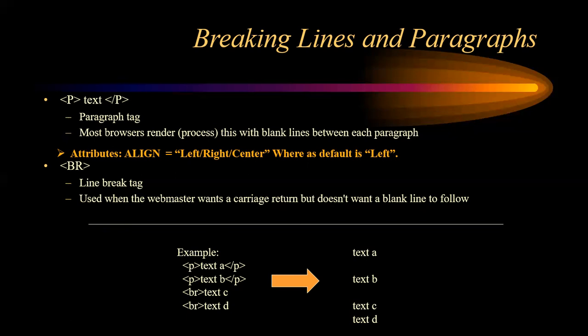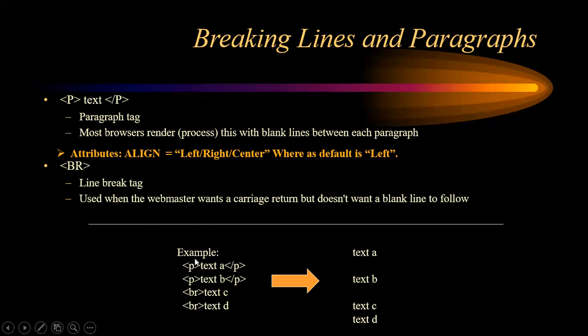It is used when we want to move to a new line but don't show a blank line. Clear? So in this way, such lines are displayed with the BR tag.